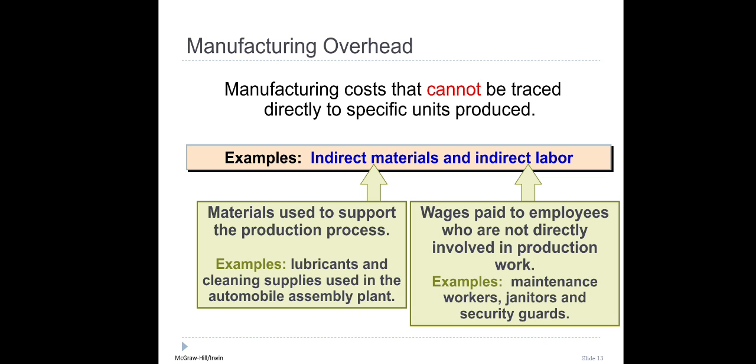So every year you have to calculate the depreciation for these machines. So the depreciation cost is a manufacturing overhead cost. Another one is utilities like water, electricity. Most of the time, these utility costs are categorized as manufacturing overhead costs.